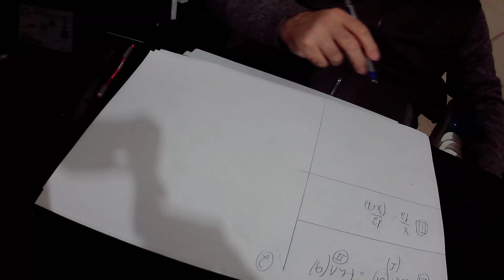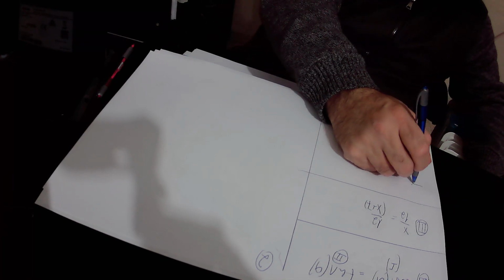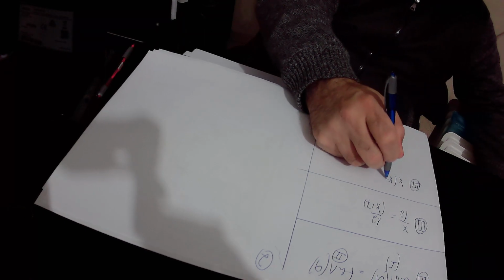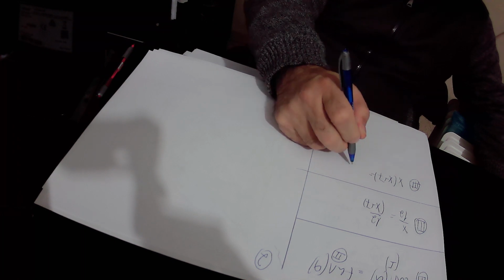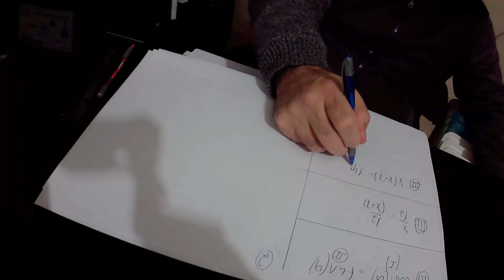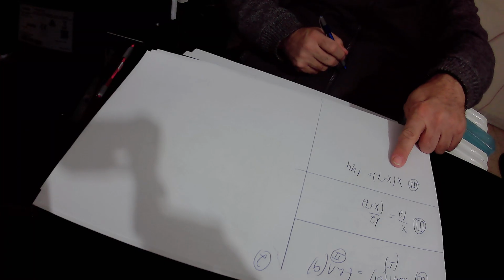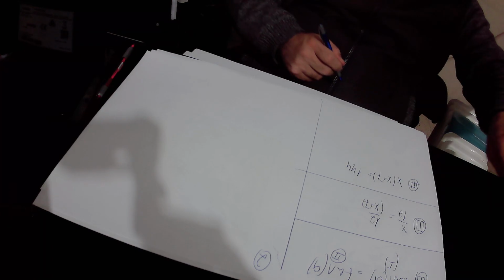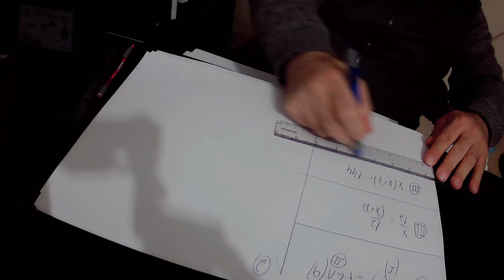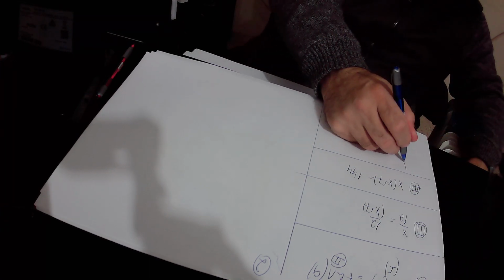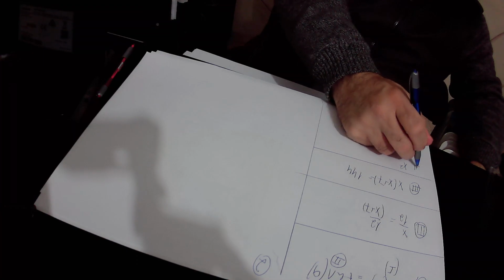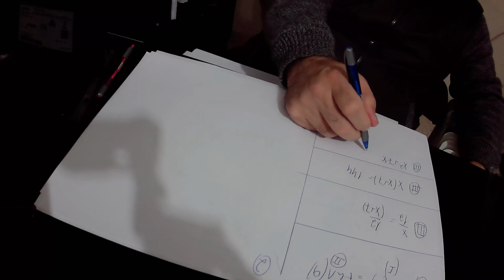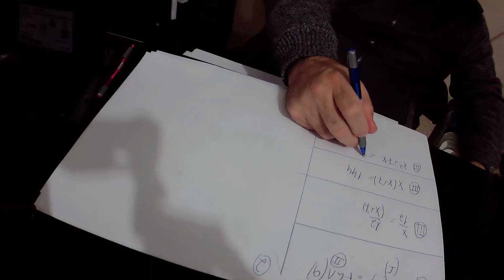Here we cross multiply this equation and we get that according to equation number 3, x times x plus 7 equals 12 times 12, that is 144. Here we'll open the brackets of this side of equation number 3, and we get that x times x is x squared plus 7x, that equals 144.